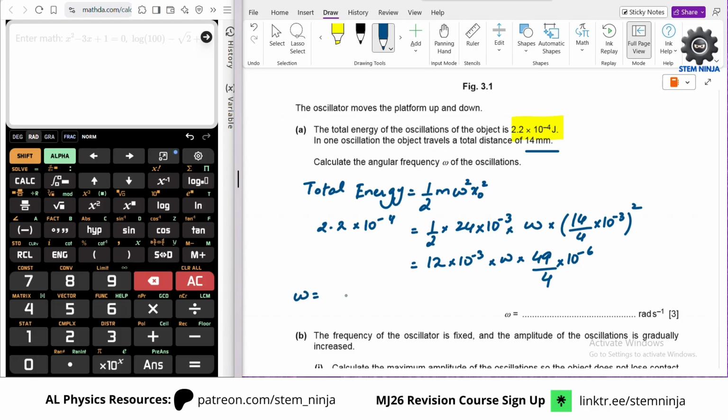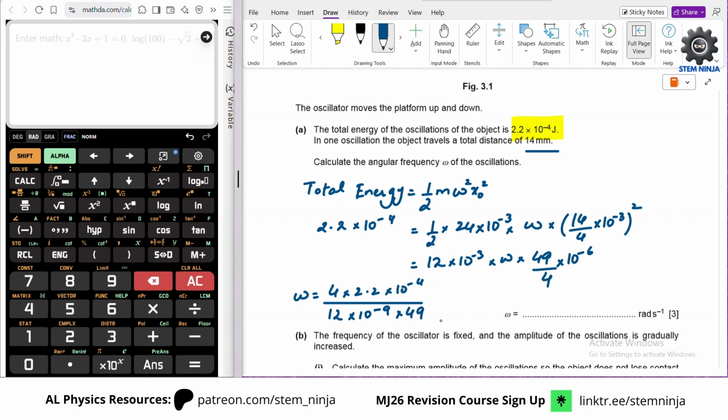So omega squared would be 4 times 2.2 × 10^-4 divided by 12 × 10^-9, 49 also, sorry.